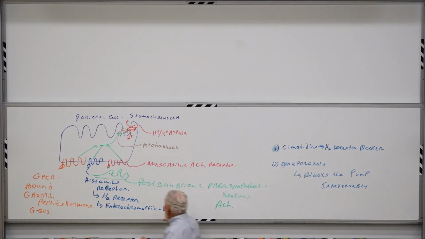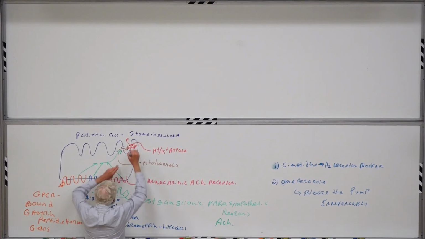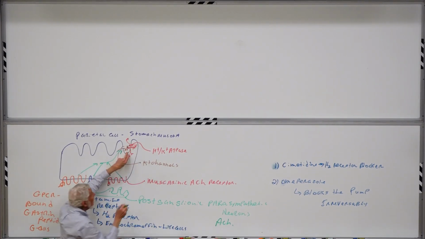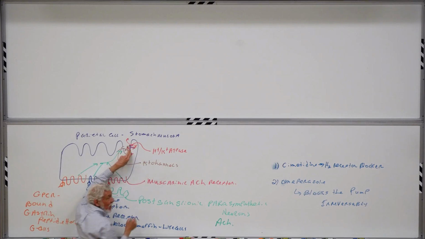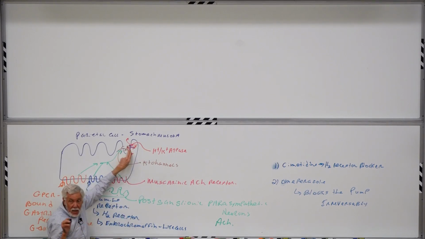So basically, it doesn't work on the basolateral side. It works up here on the apical side. It binds to the pump, takes the pump out permanently. It binds to the active site in the pump, and now takes it and inactivates it.